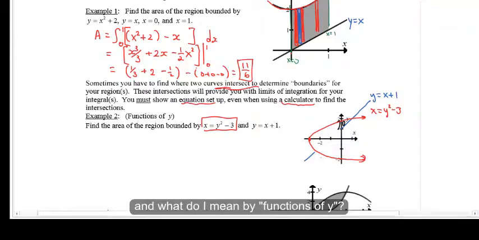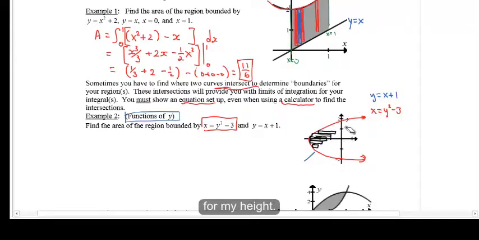And what do I mean by a function of y? That's what it says here, by the way. Well, this is what I mean. Instead of making those vertical rectangles, let us now draw horizontal ones. Whoa. And notice that as I draw horizontal ones, I'm no longer looking at vertical pieces for my height.